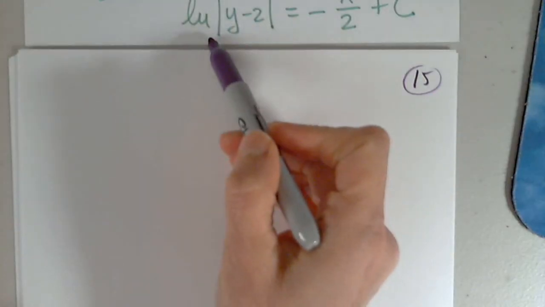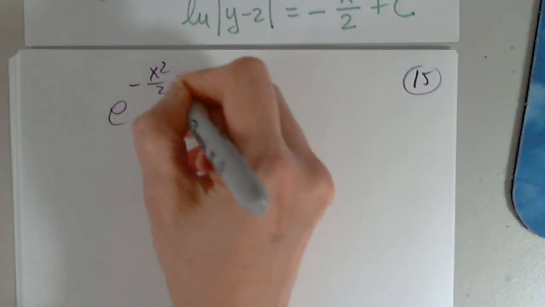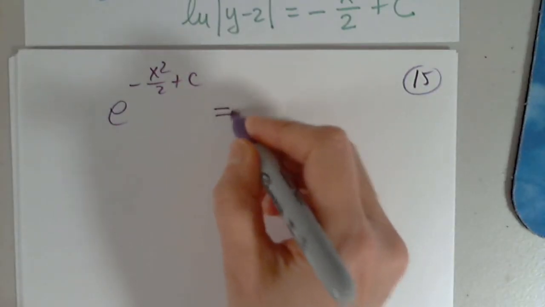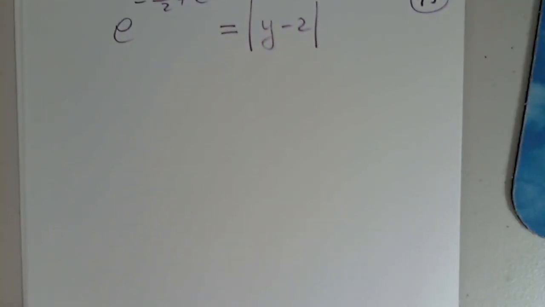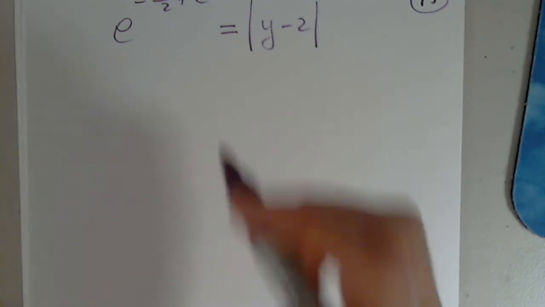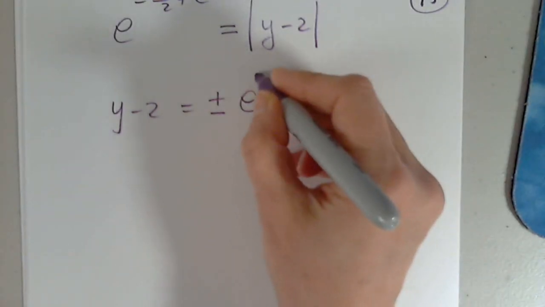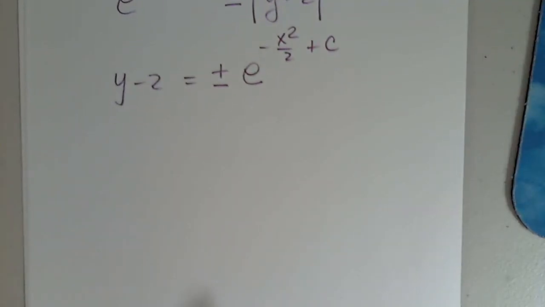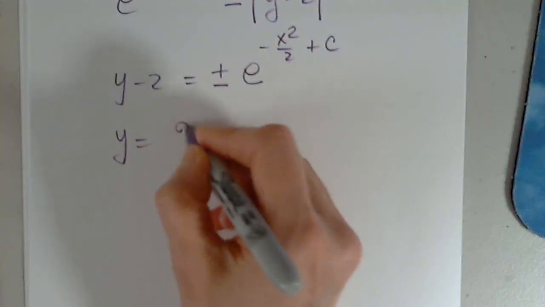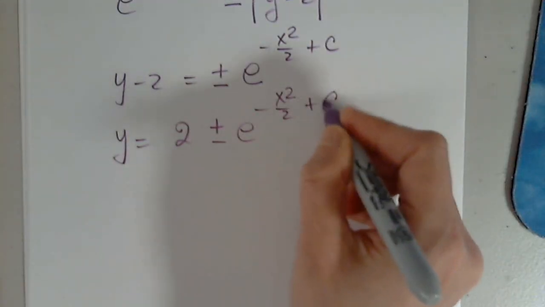Again, the same thing. e raised to negative x squared over 2 plus a constant c equals the absolute value of y minus 2. Or y minus 2 equals plus or minus e to negative x squared over 2 plus a constant c, or y equals 2 plus or minus e to negative x squared over 2 plus a constant c.